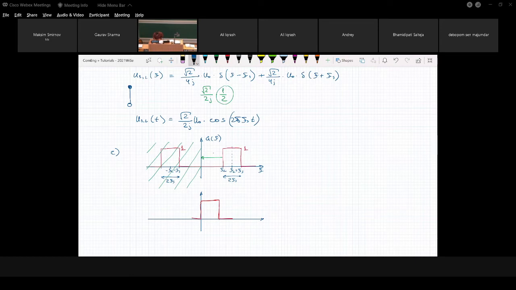Our spectrum, we can call it G plus of F plus FC, or we can call it GL of F. And it has the same amplitude. It goes from 0 to 2Fs in our frequency domain. And what else?